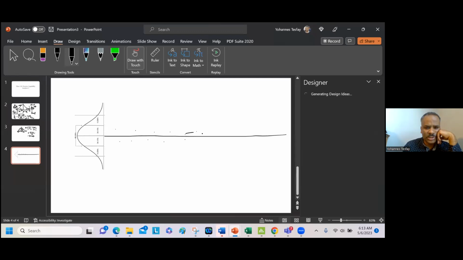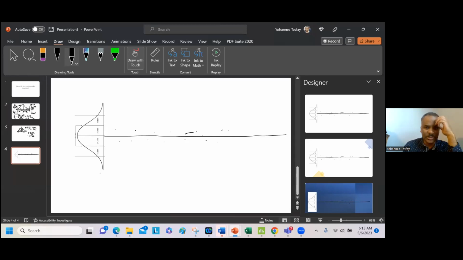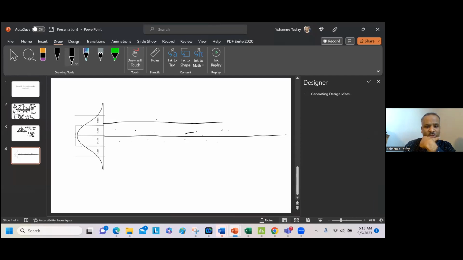Those are the measurements. Let's assume this is your upper control limit, and this is your lower control limit. Okay, control limit.